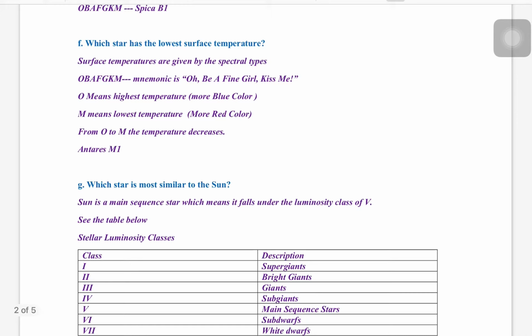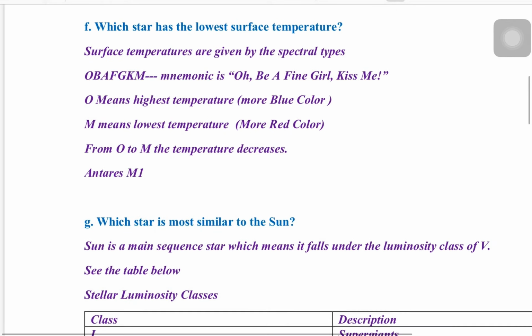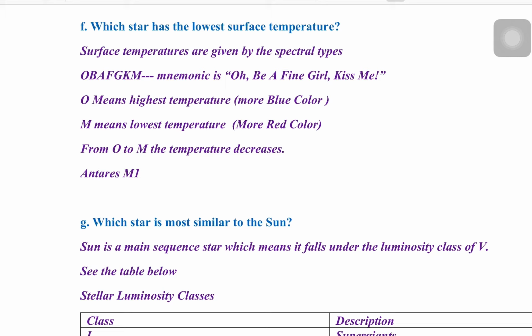You have to know this sequence here, OBAFGKM. You can remember this mnemonic by "O, be a fine girl, kiss me." If you know that, then you should be able to tell the surface temperature of any star.